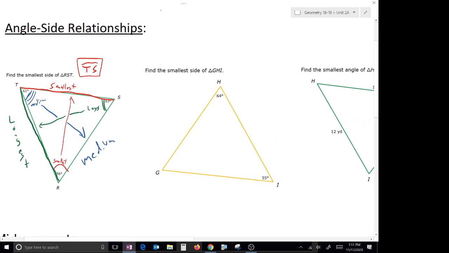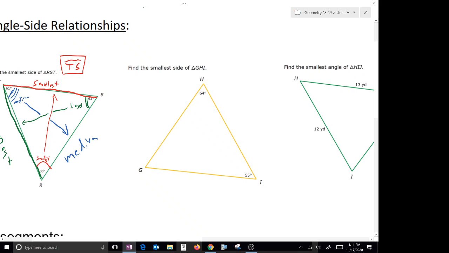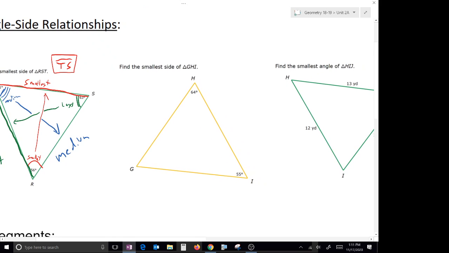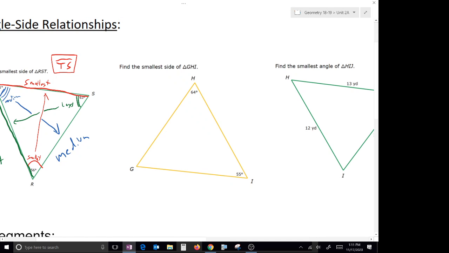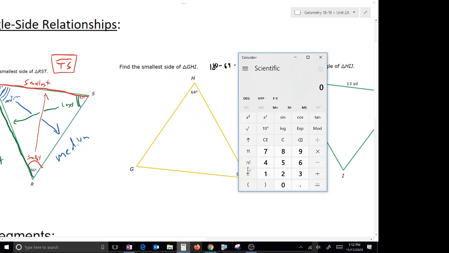Let's take a look at another example here. This is asking us to find the same thing, the smallest side. One problem is we don't have all three angles, but we do have two angles, and we know from last time that all three angles have to add up to 180. So if I take 180 and subtract 64 and subtract 55, I'm going to get my third angle.